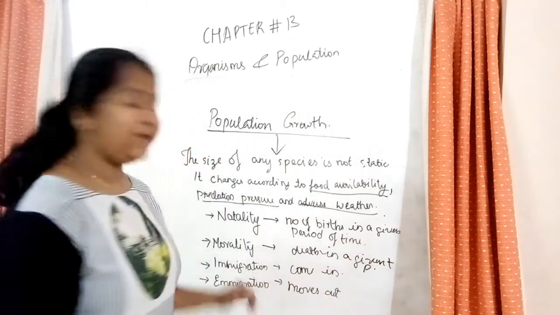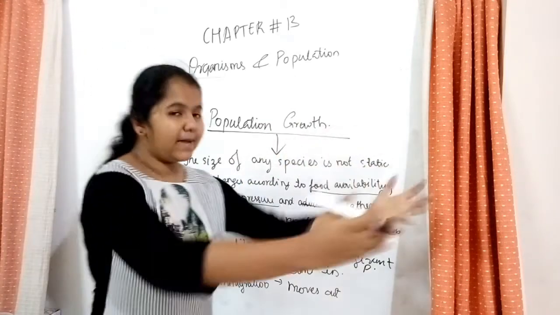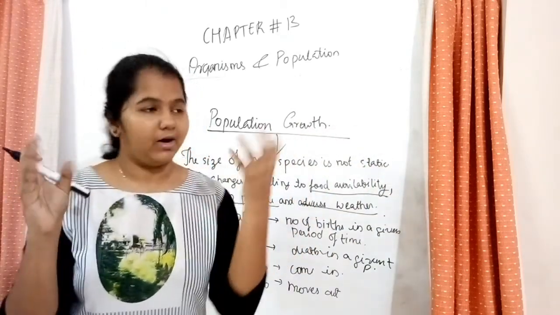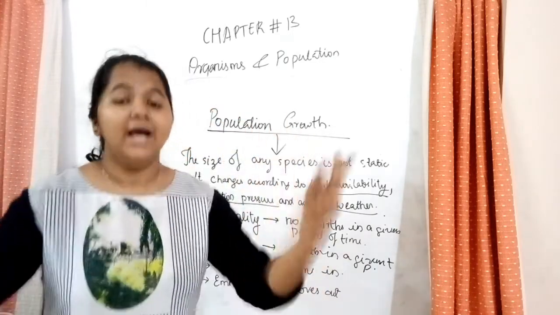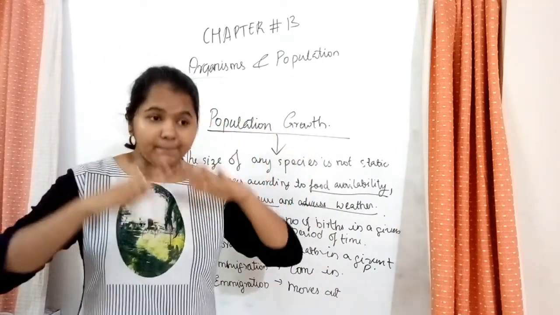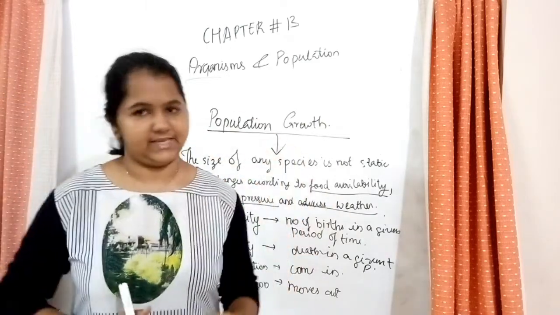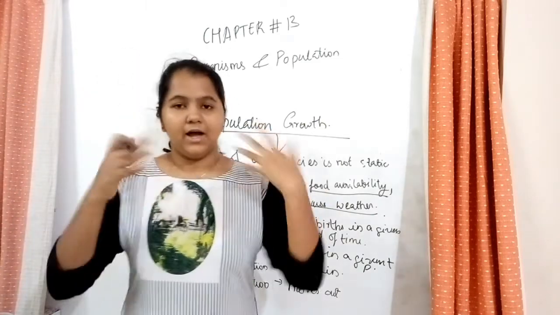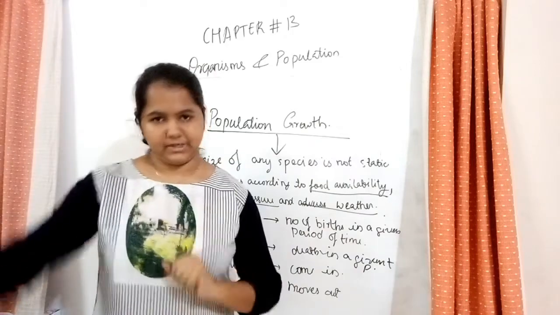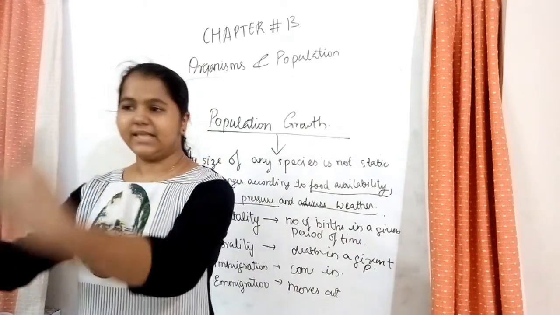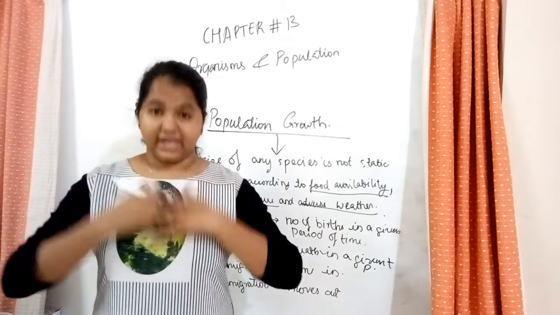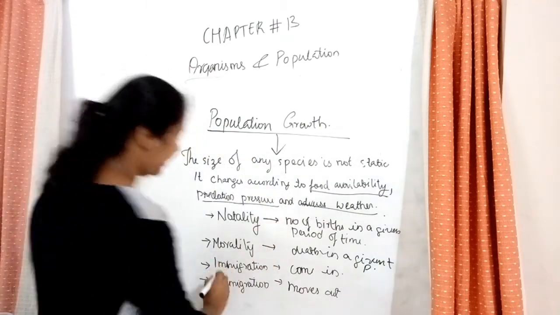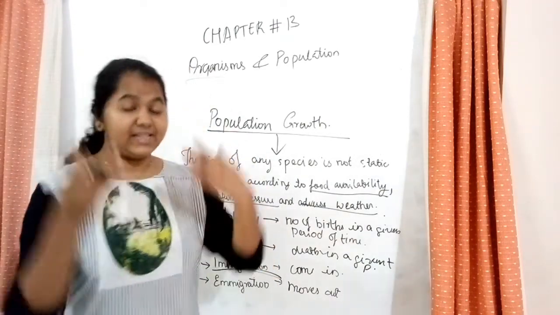And what's immigration? When some group of organisms of the same species, birds or animals, come in and stay in a particular place. Let's say in China there are some birds. When there are extreme conditions, they move and come into India, and they stay in India. So for India, they are immigrants; they did immigration.